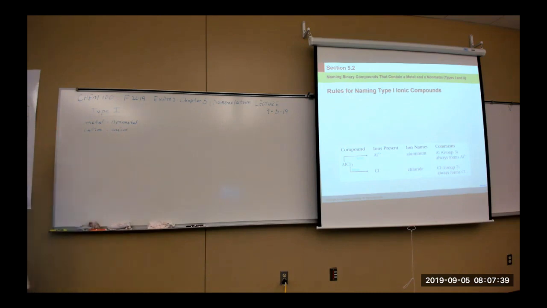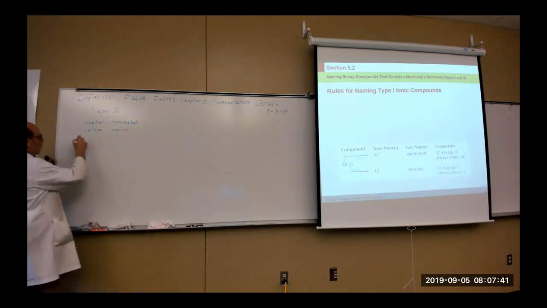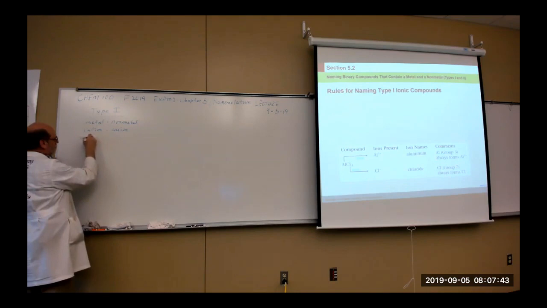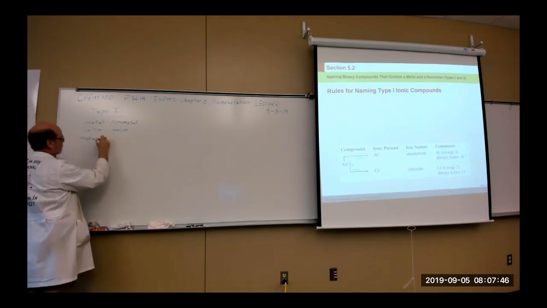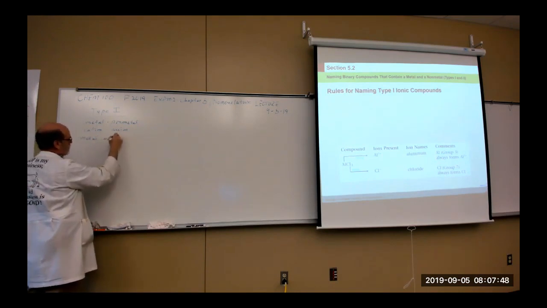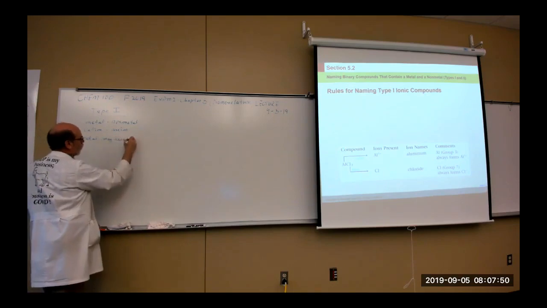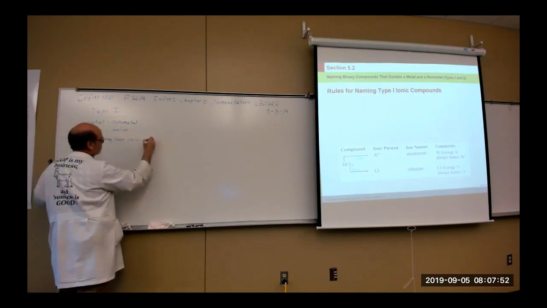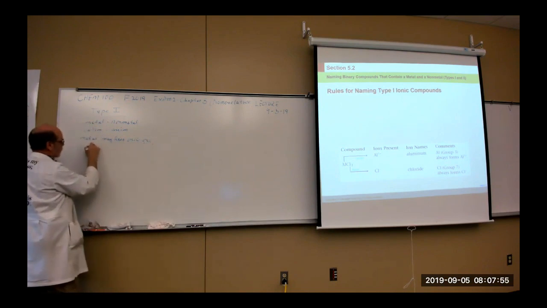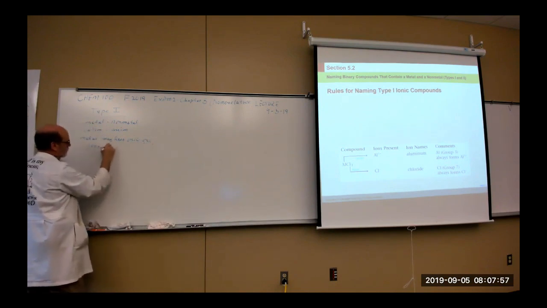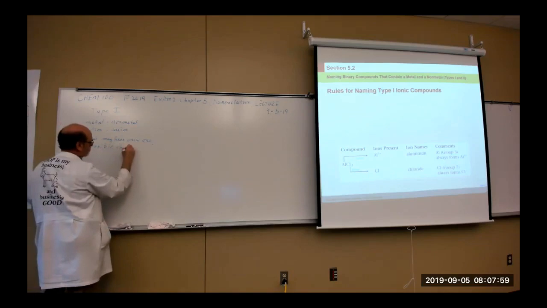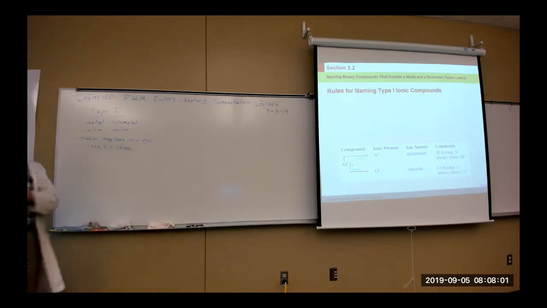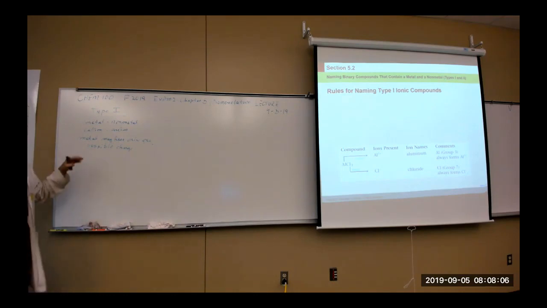There's one more restriction. The metal may have only one possible charge. In other words, it comes from a part of the periodic table that says when this metal forms an ion, there's only one possibility.